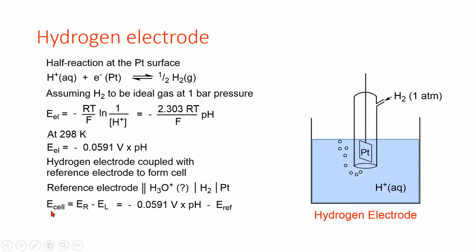We can write E cell is equal to E right minus E left is equal to 0.0591 into pH minus E reference. From this, we can find out pH of the solution.